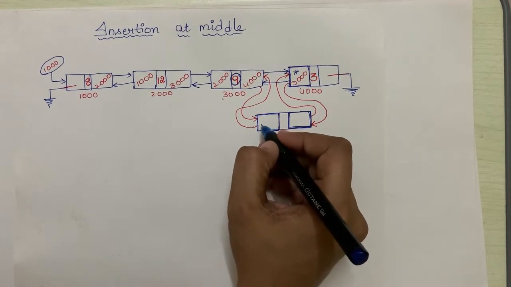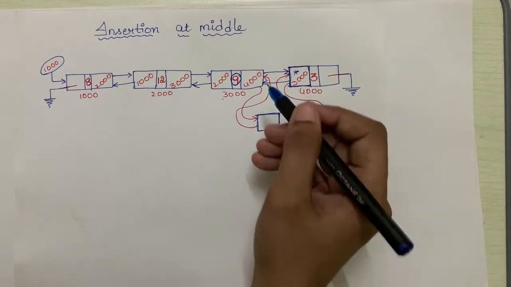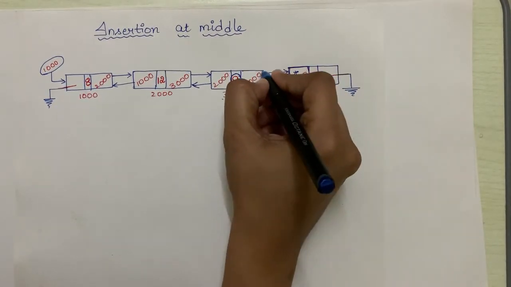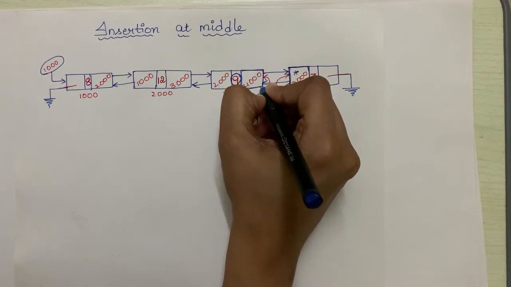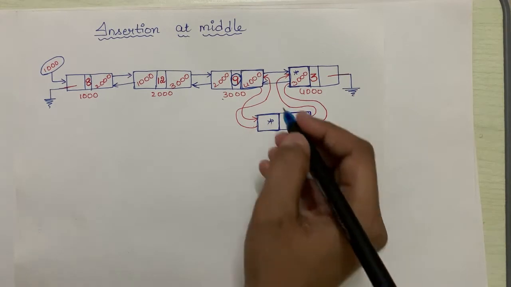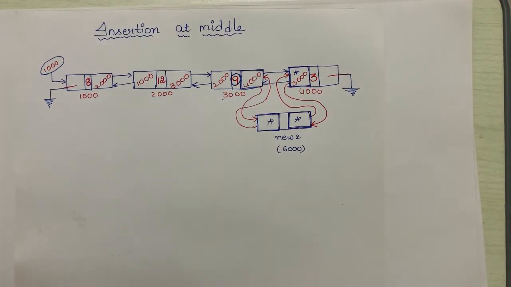This stores the address of its previous node. Its previous node address is 3000, and the fourth field is this. It should store the address of its next node. Next node address is 6000. So in place of 4000, 6000 should be written.